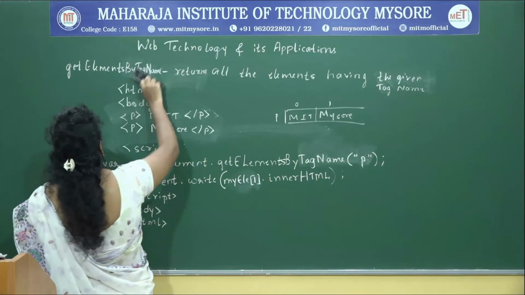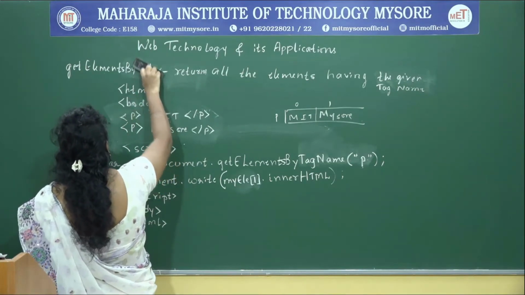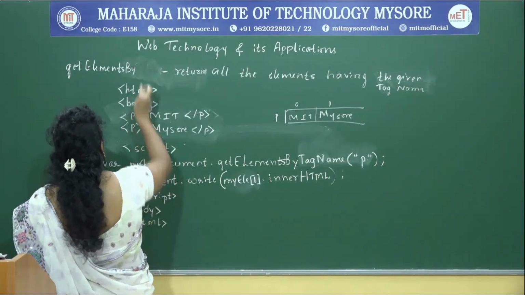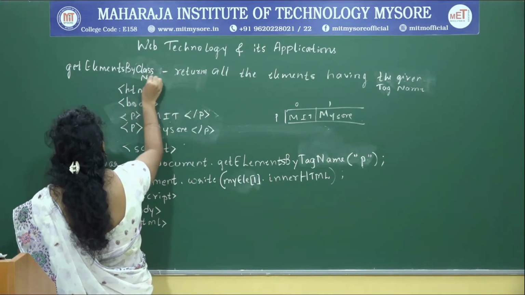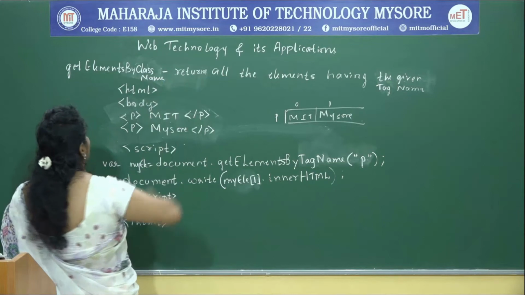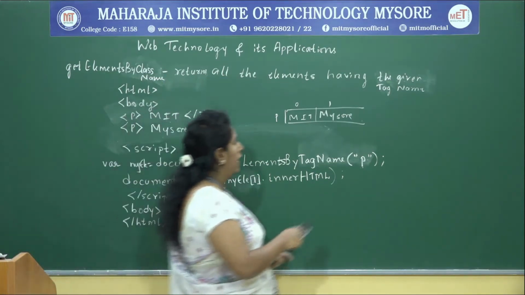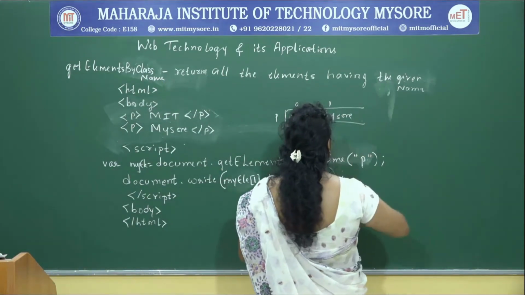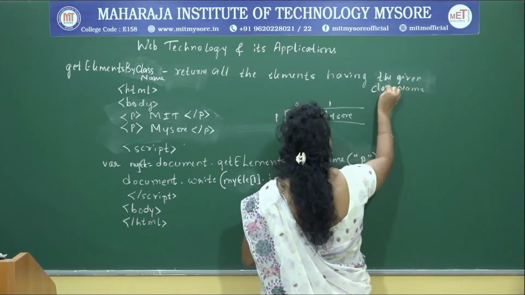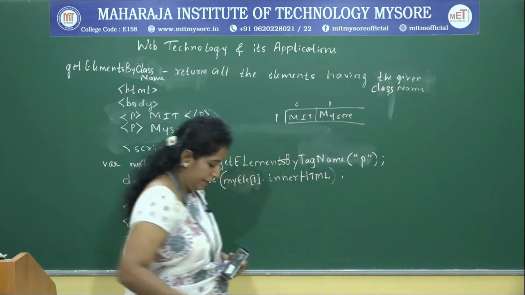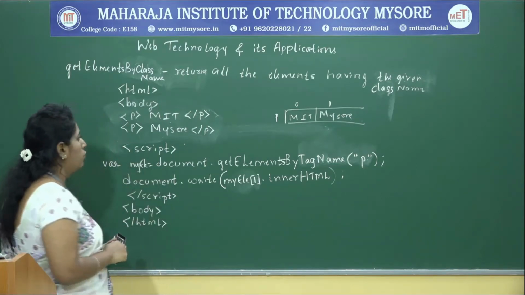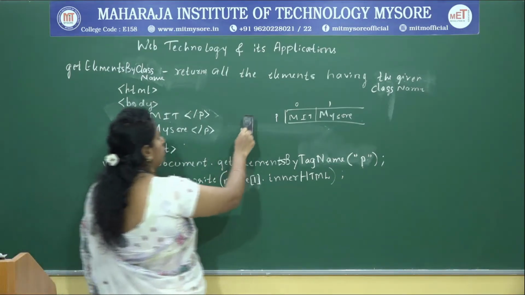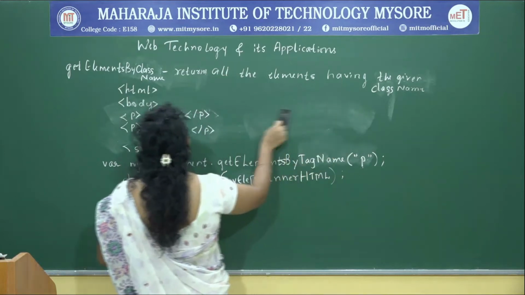Next is get elements by class name. Okay, I will change it here, get elements by class name. It returns all the elements having the given class name. So now I have to change our program.